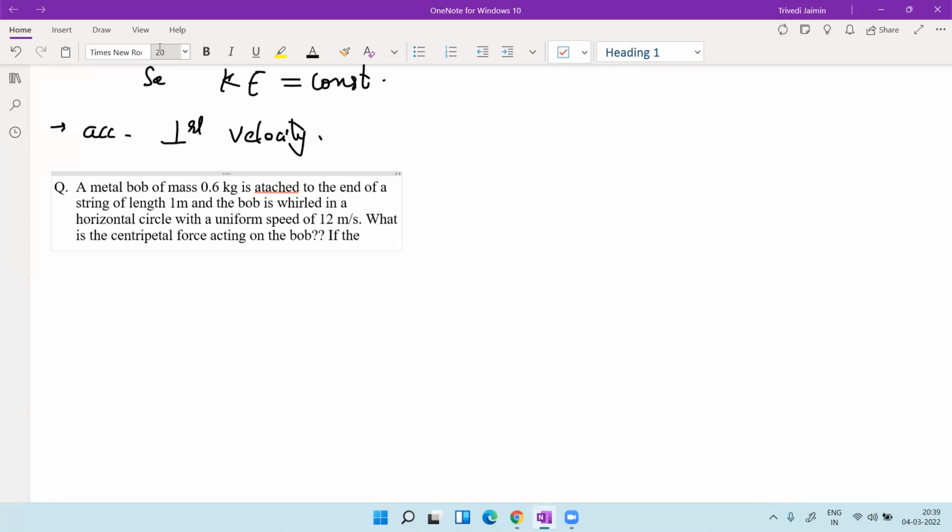If the speed of the bob is 5 meters per second, calculate the tension in the string also.